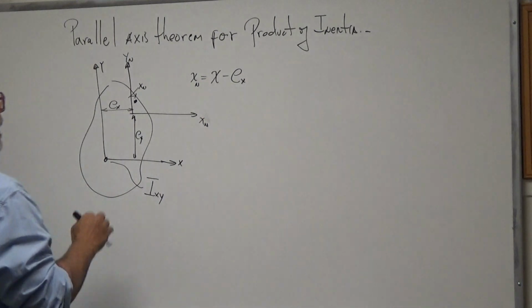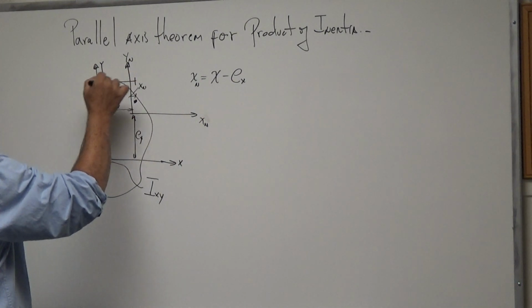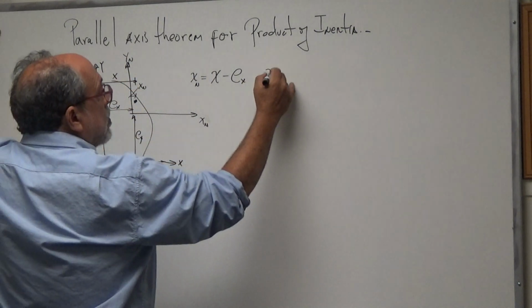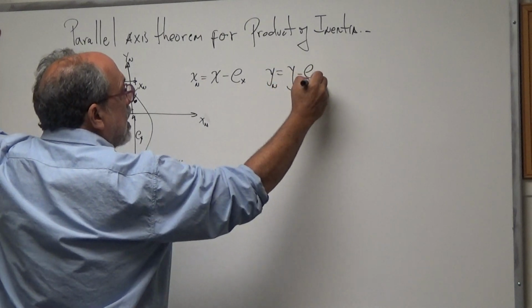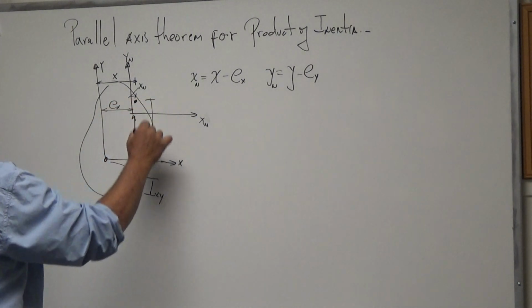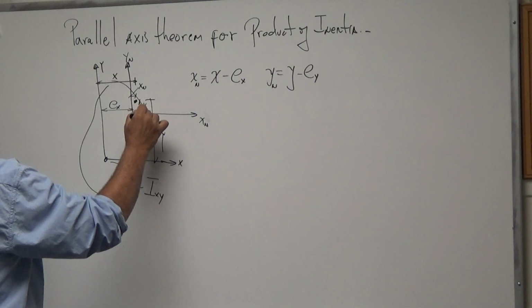That's what I want to write. X nu is equal to x, which is this, minus ex. And likewise, y nu is equal to y minus ey, right? Because y is this, and y nu is this piece, right?